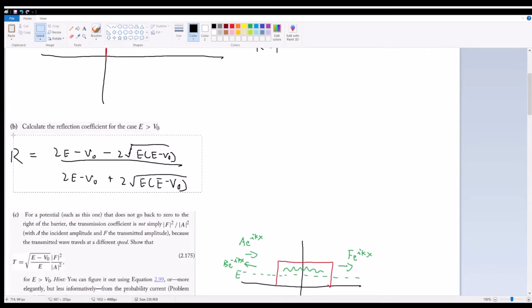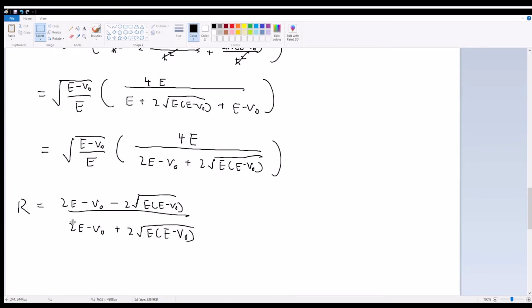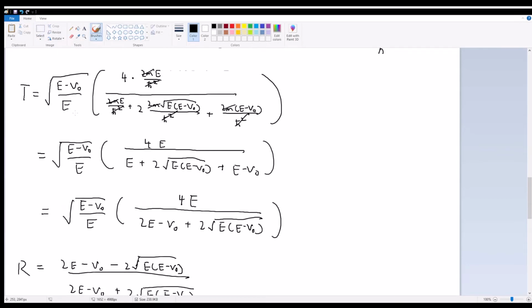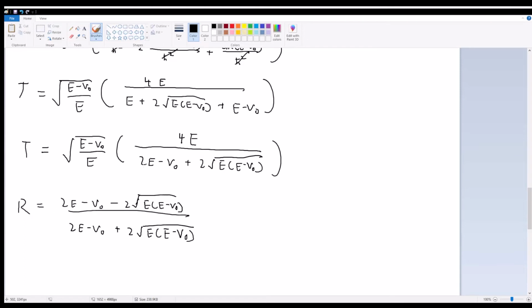So if we do that right here, recognize that R is equal to this, T is equal to this. So we're trying to add these together. And let's see. Immediately, I see that the denominators are already the same. So for convenience, I don't want to multiply this factor onto the denominator. I want to multiply it onto the top.